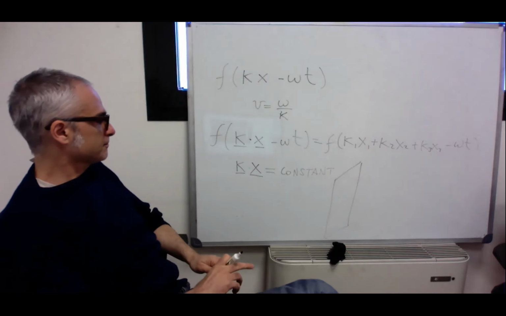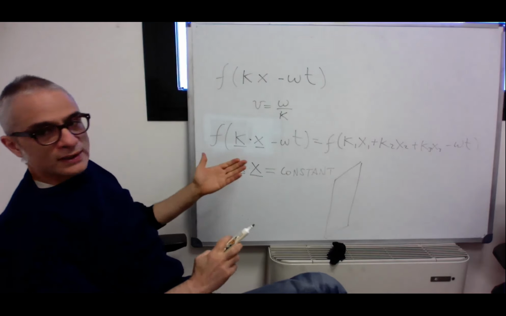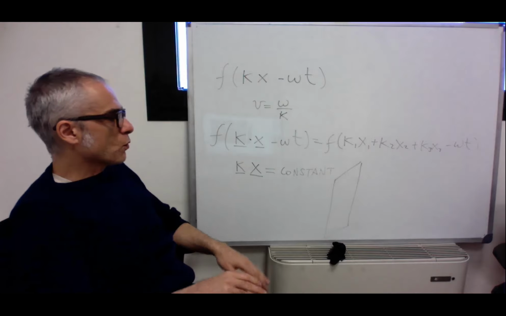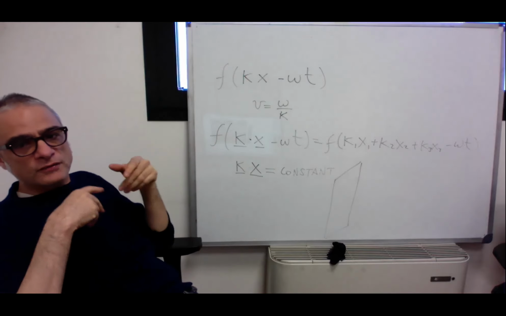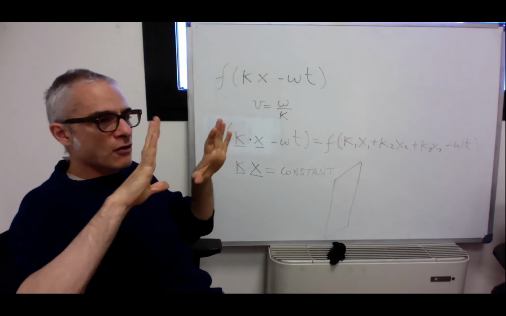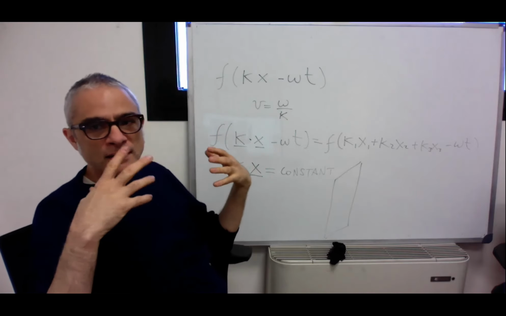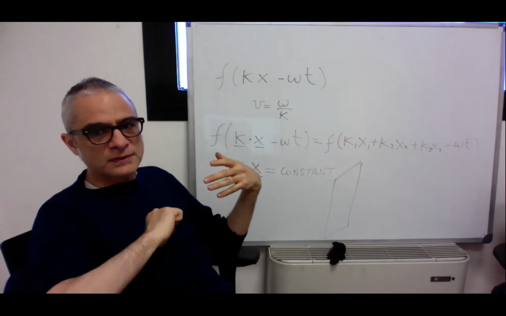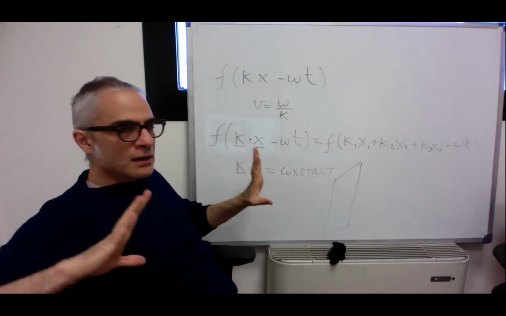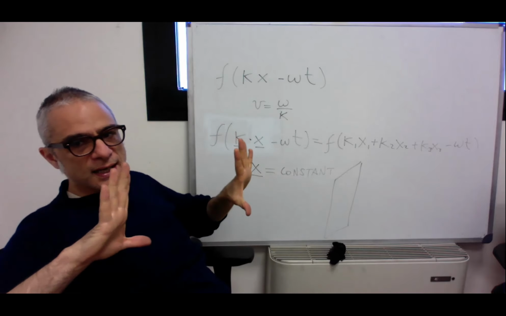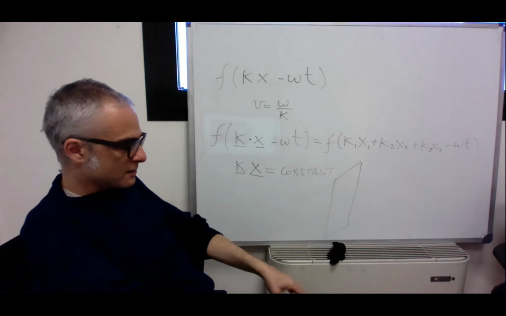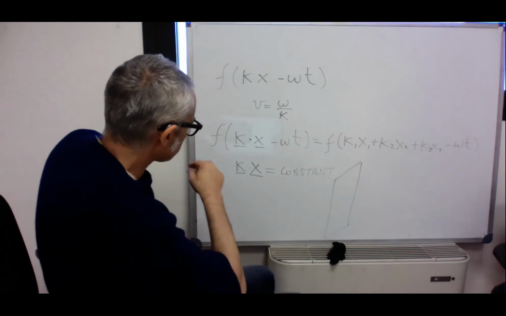What does that mean? It means that if you watch the propagation of the wavefront, the locus of all the points that are experiencing the same disturbance at the same time, you see a plane that propagates across space.